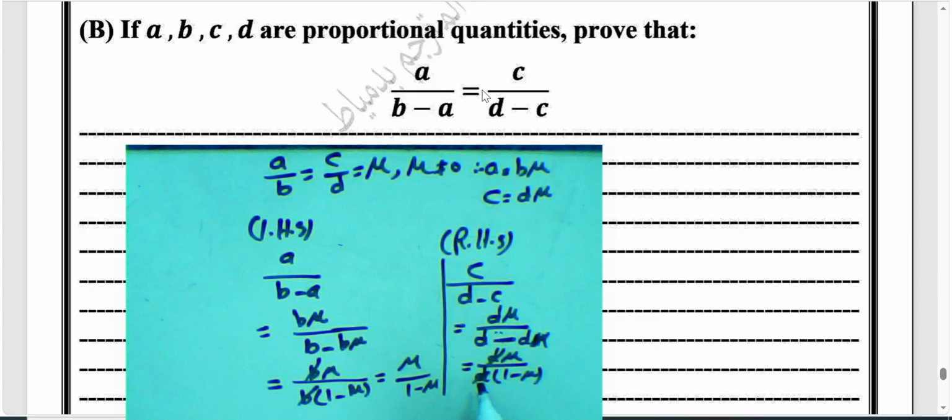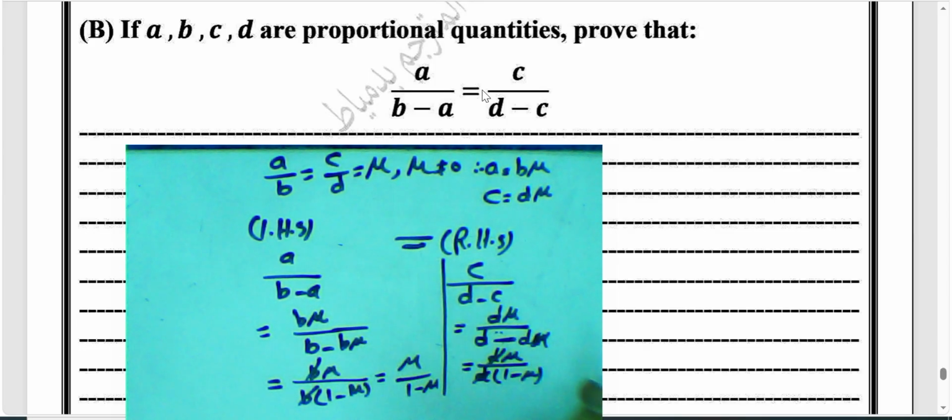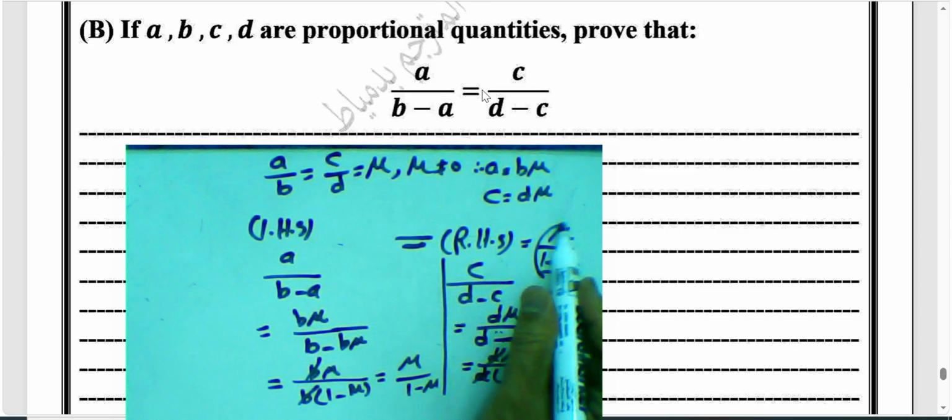We can cancel, then the result will be m over 1 minus m. They are equivalent. The right hand side equal left hand side equivalent to m over 1 minus m. Okay, understood?